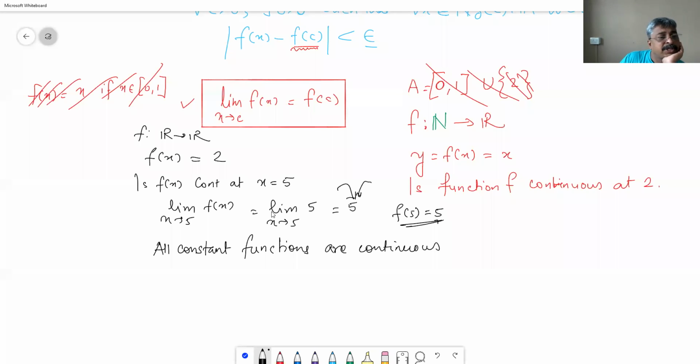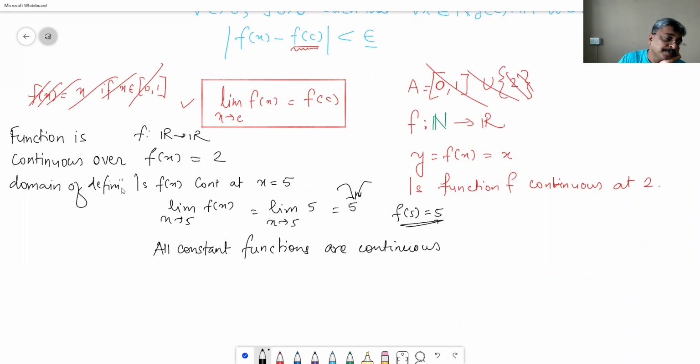Now, so far we have discussed continuity at a point. Definition: a function is continuous over its domain of definition if it is continuous at every point in the domain.